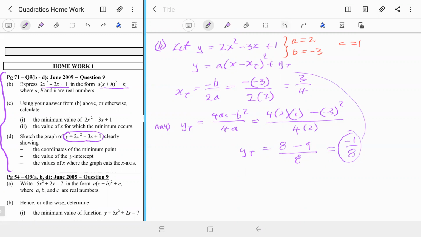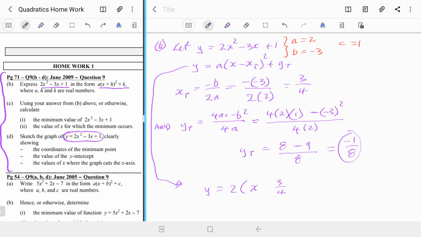So this now becomes y equals the a, which is 2, so 2 times the bracket (x minus xt), where xt is 3 over 4, and don't forget to put the square.